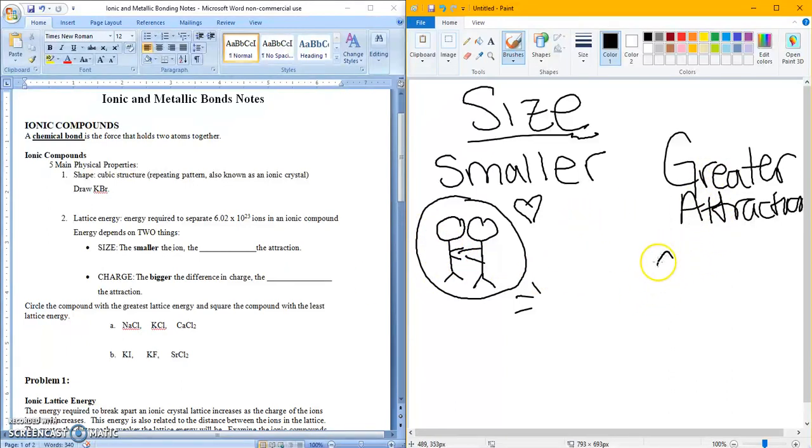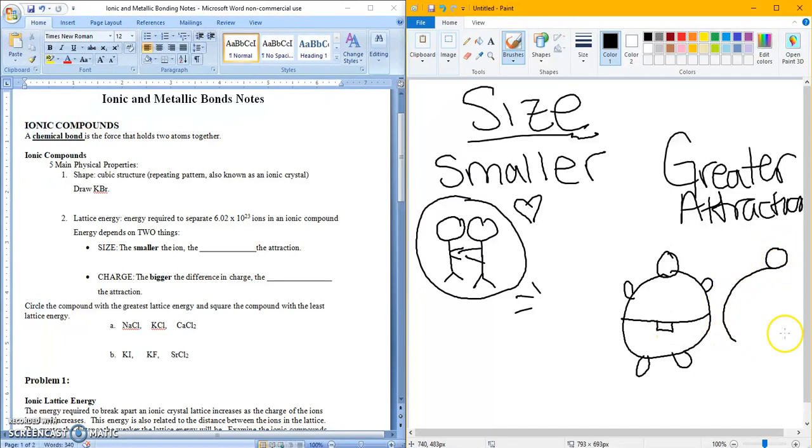For, let's say we have a sumo wrestler, okay? Sumo wrestlers are very large. Okay? And so when a sumo wrestler tries to grab one another, unfortunately, they are so big that it's really hard to hold on to one another.